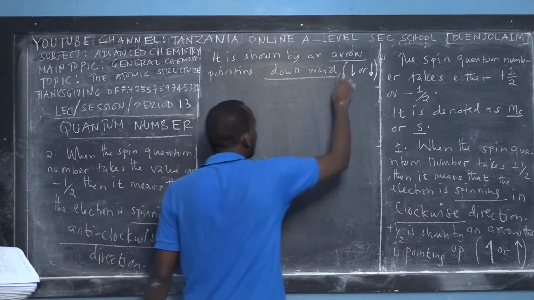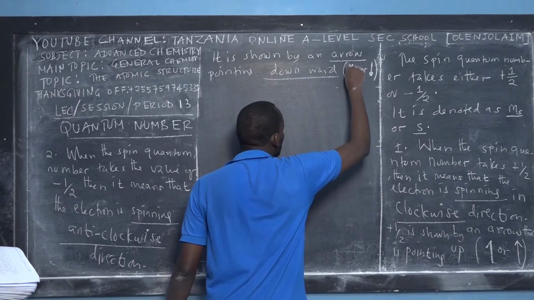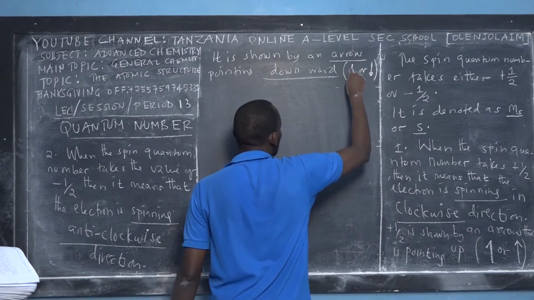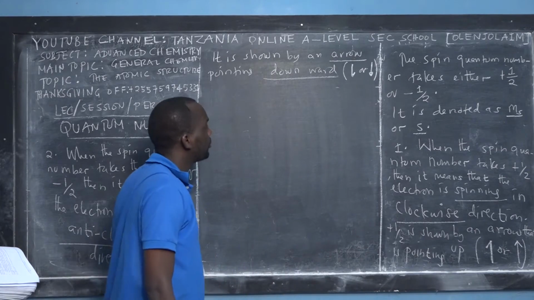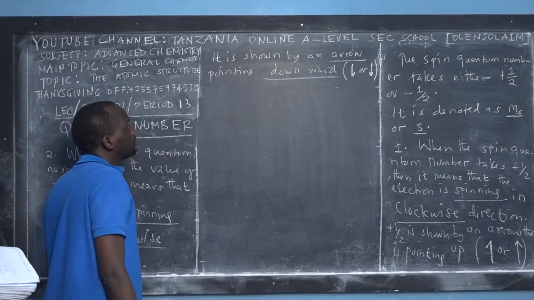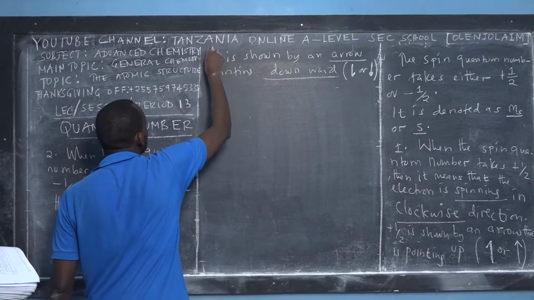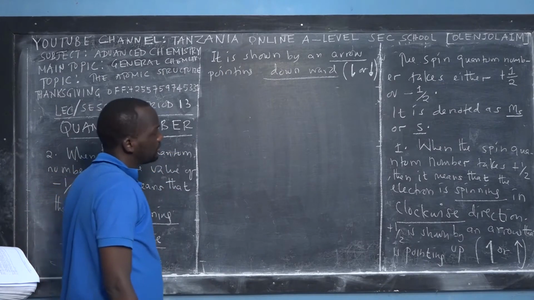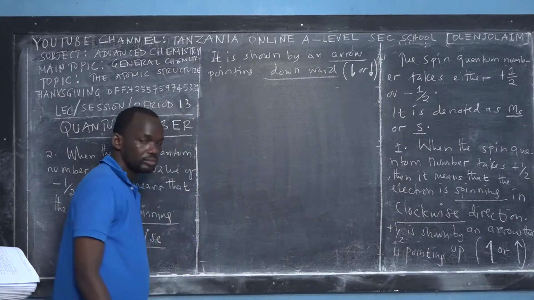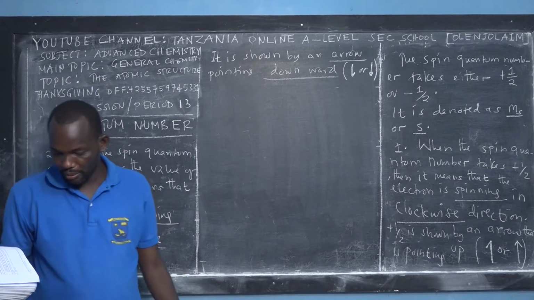So it is shown by an arrow pointing downward like that. Okay, so simply that's the meaning.